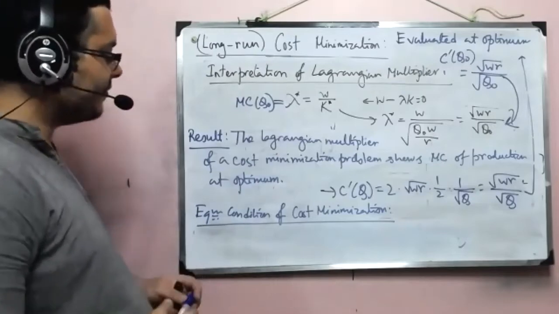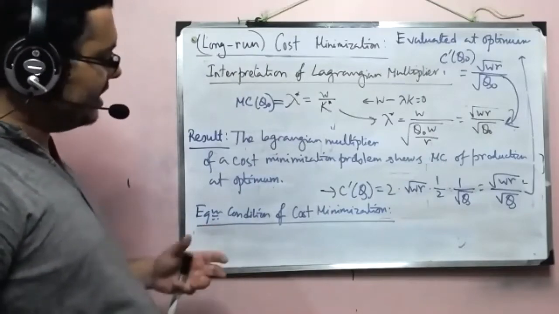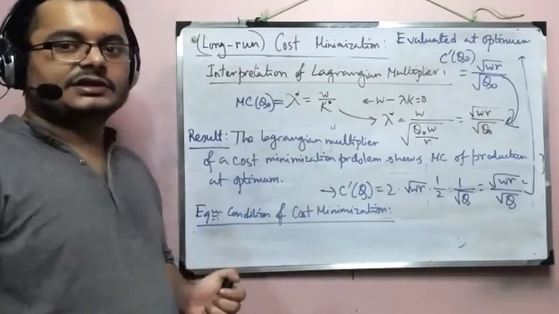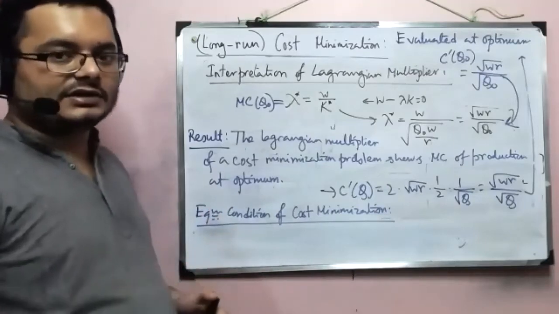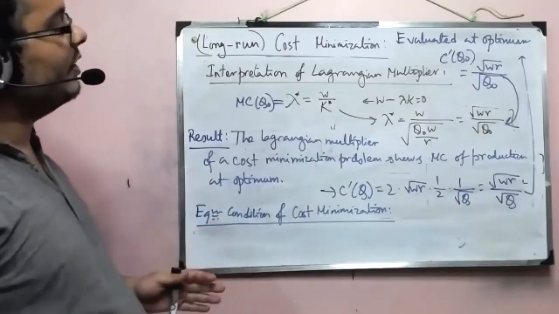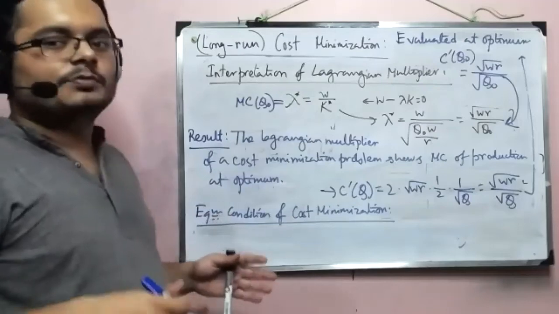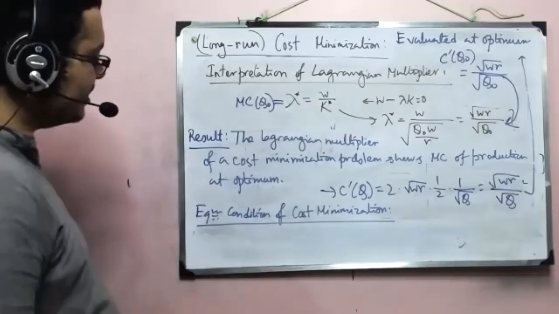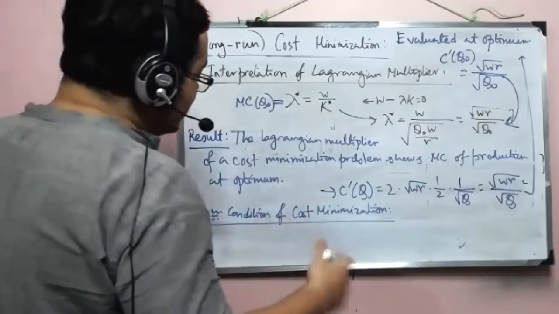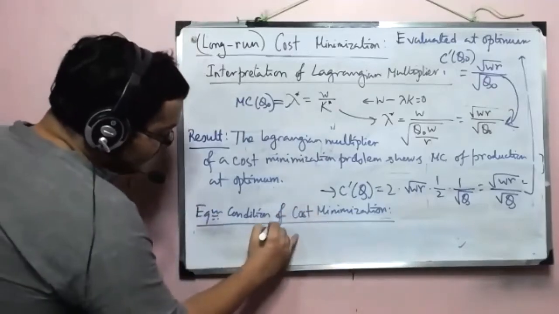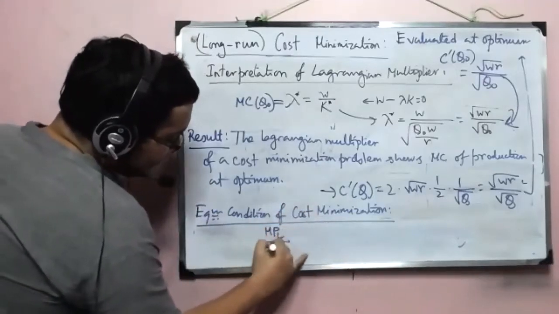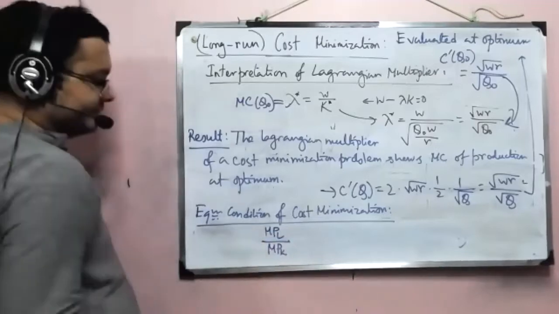So that means the equilibrium condition remains the same, but obviously we write it in terms related to production. Instead of, let's say, marginal utilities, here we'll have marginal productivities. So MPL by MPK.